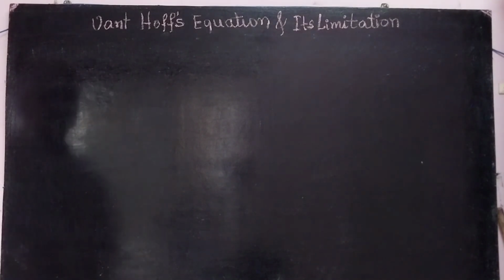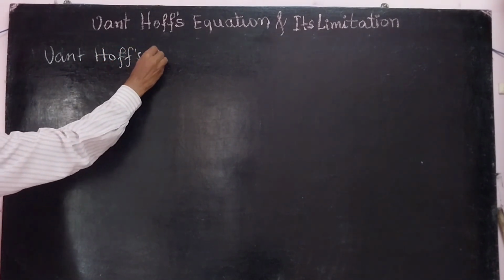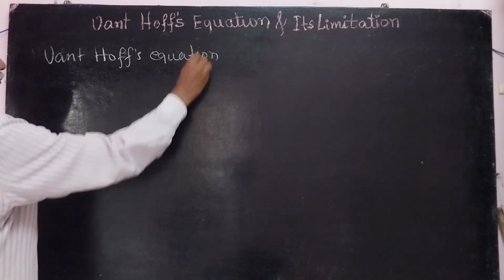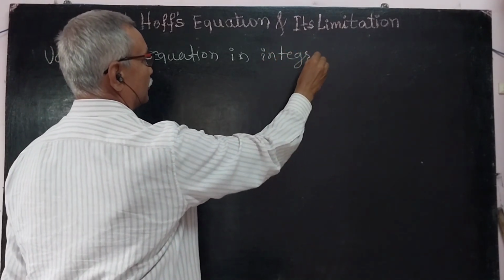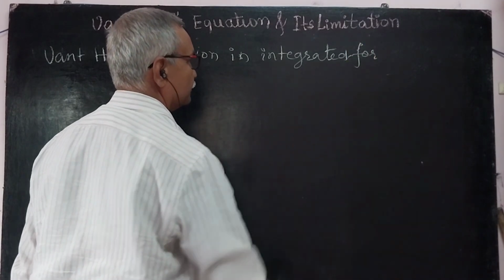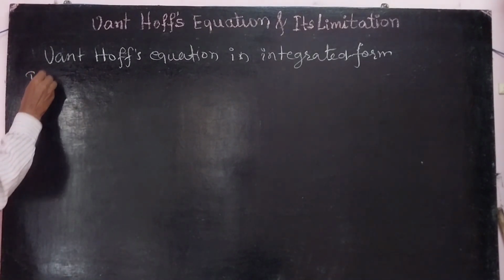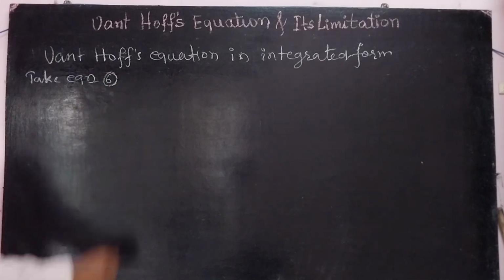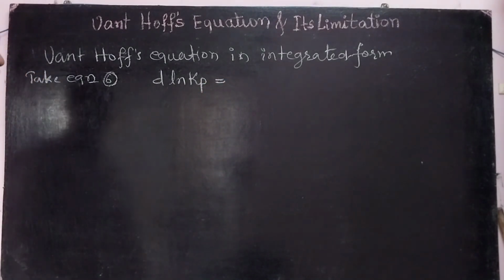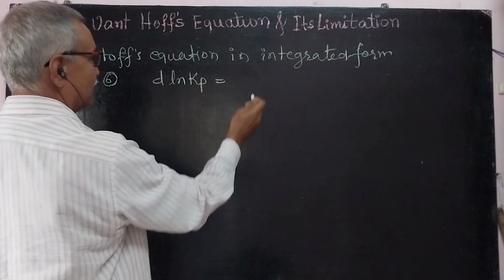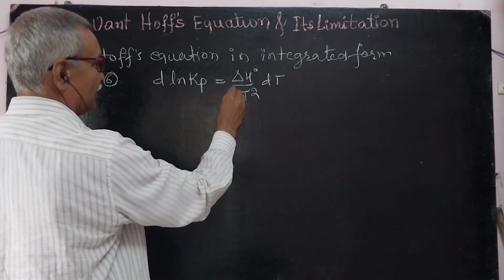Now, van't Hoff's equation in integrated form. Take equation 6, that is d ln Kp is equal to delta H naught divided by R T square into dT.